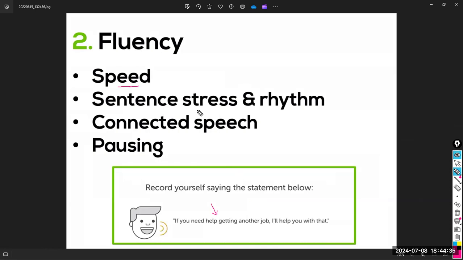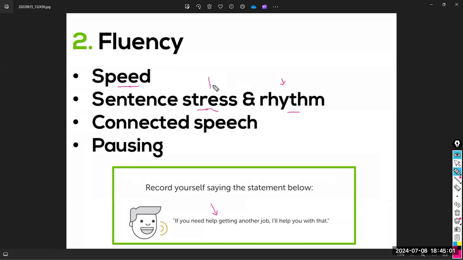If you want to ask me if stress or rhythm is really important, the rhythm is really important. By rhythm I mean the intonation that you have to use. If you have, for example, an exclamation mark or a question mark or surprising information, you have to be careful about your intonation, whether it is up or down, and the stress of the words.